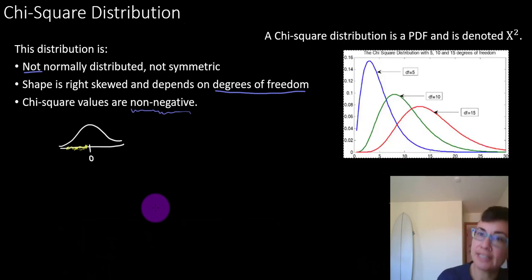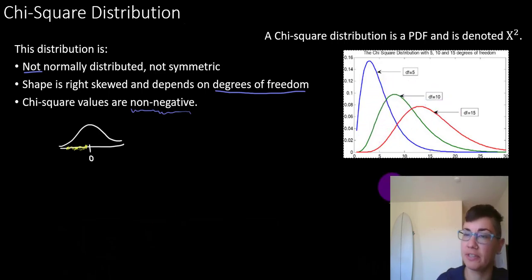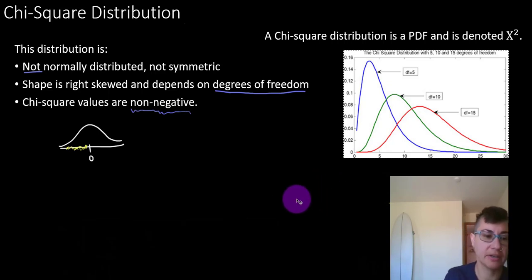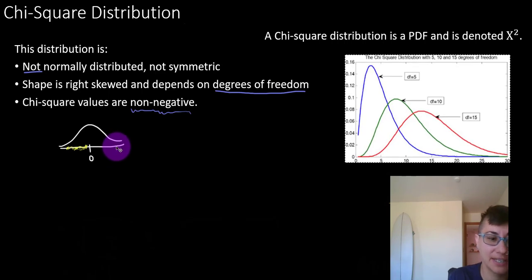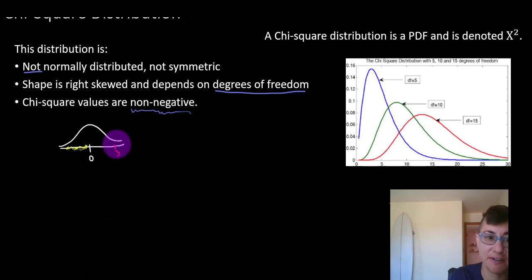Here are some examples of the distribution drawn out for a few different degrees of freedom. And you'll notice that the horizontal axis is very different from what we've seen with standard normal or the t-distribution, where, for instance, often a t value or a standard normal value that is 3 would be considered very far off in the tail here, or similarly -3.